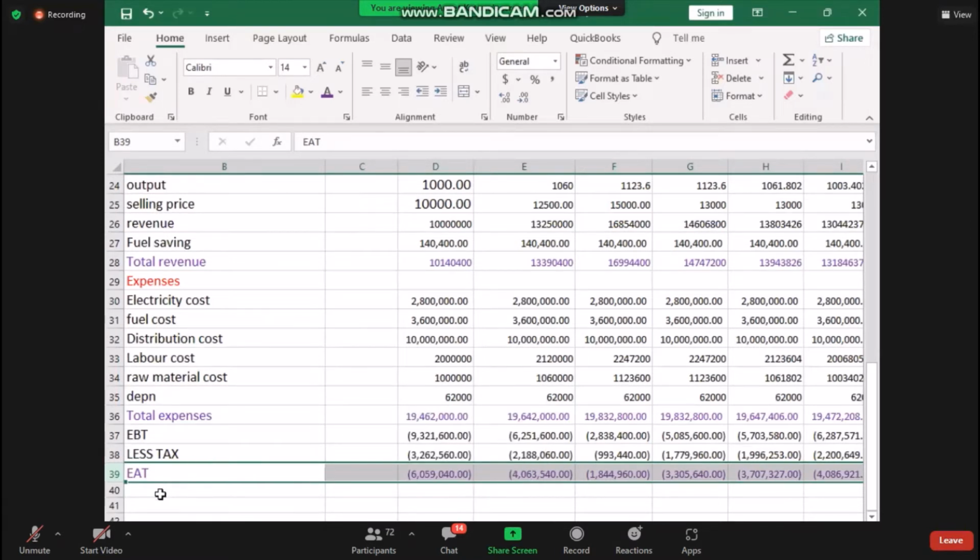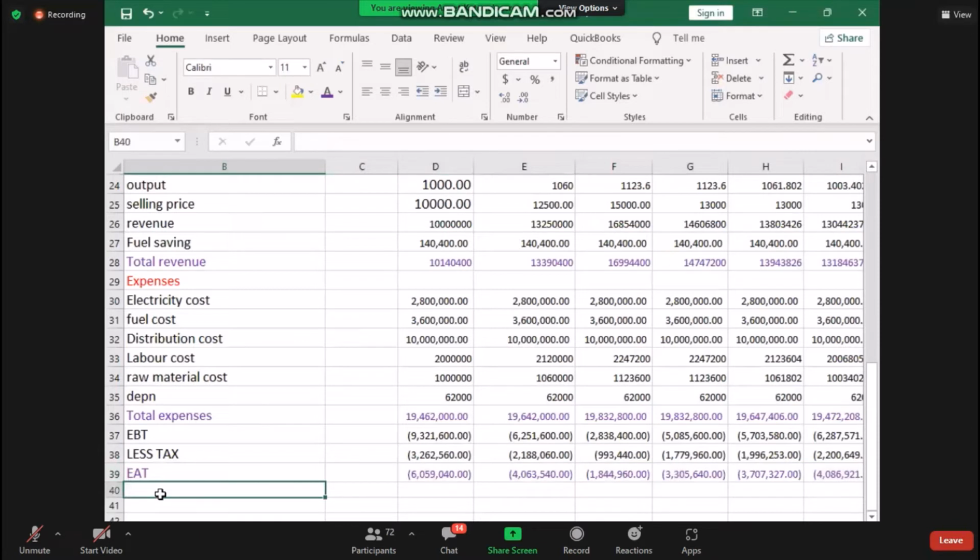So to get the intermediate cash flows, here, we are going to add back the depreciation.